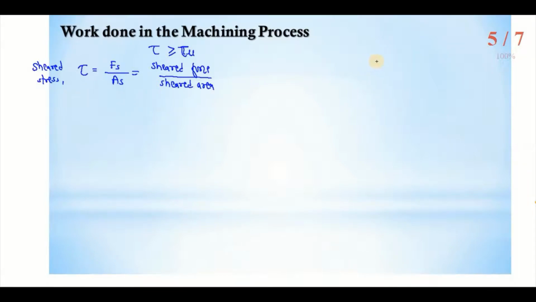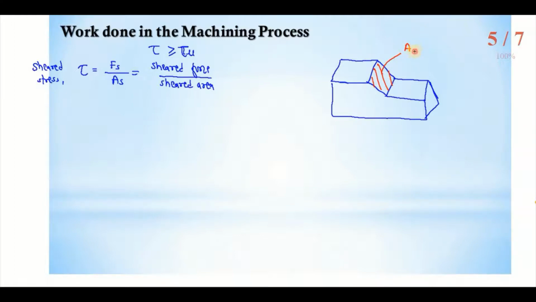So whenever we are doing the machining operation, for the formation of the chip, this is our sheared area where the chip formation is taking place.